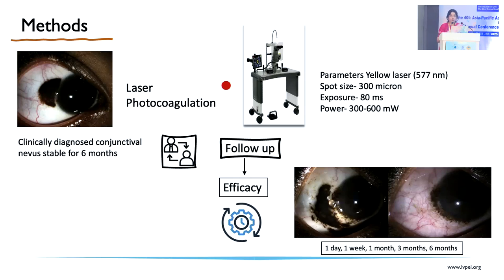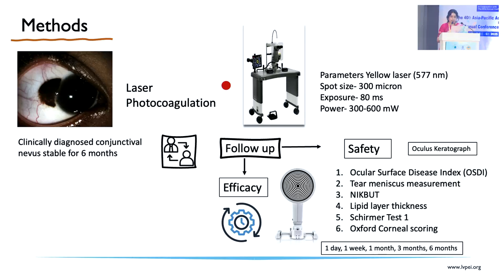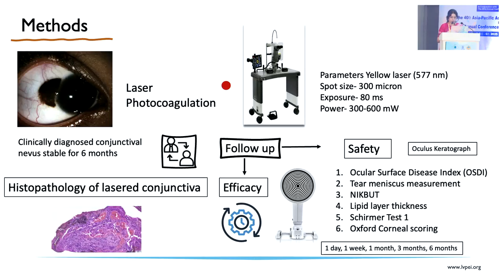At follow-up of 1 day, 1 week, 1 month, 3 months, and 6 months, we looked at the efficacy and the safety using the ocular keratograph, where we looked into the ocular surface disease index, the tear meniscus height, the non-invasive tear breakup time, the lipid layer thickness, Schirmer's, and Oxford corneal scoring. We also looked into the histopathology of the lasered conjunctiva.